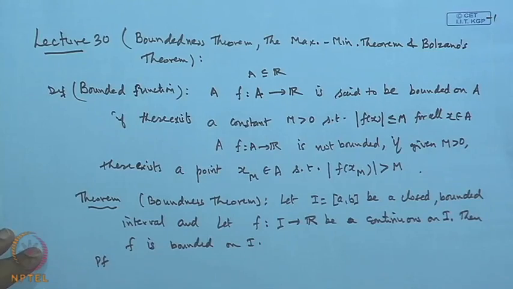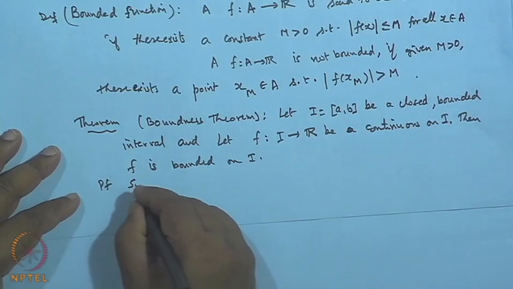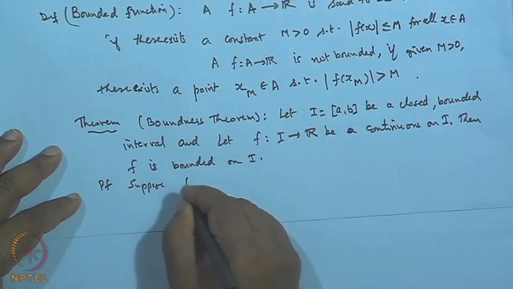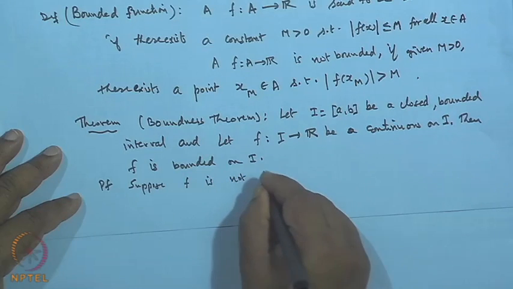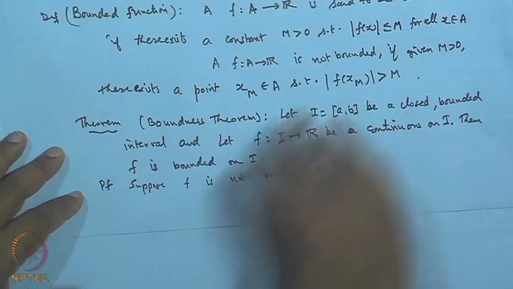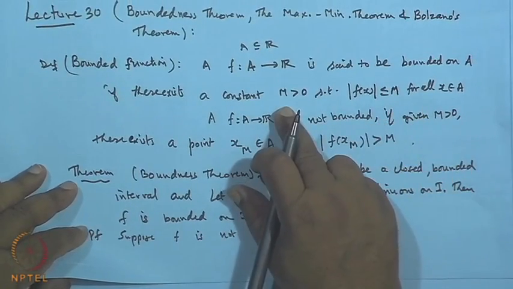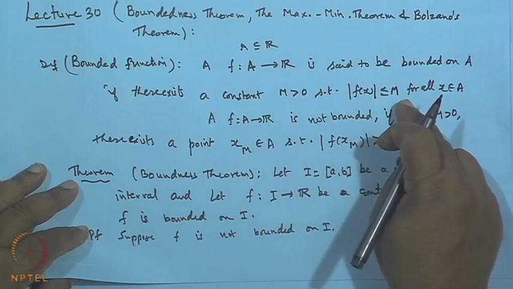Proof. We will prove by contradiction. Suppose f is not bounded on I. So, by definition we cannot find an m such that the mod of f(x) is less than or equal to m.